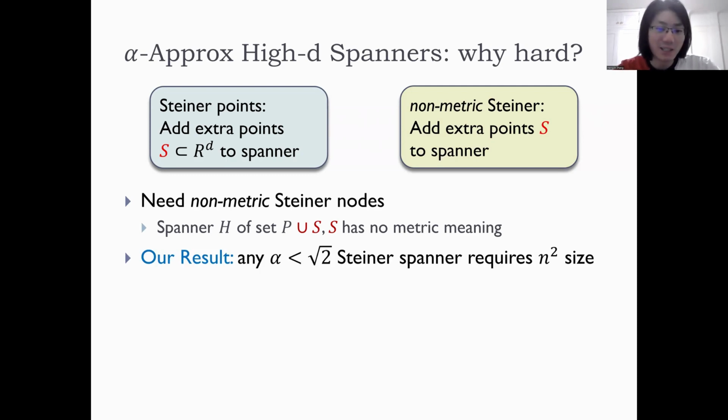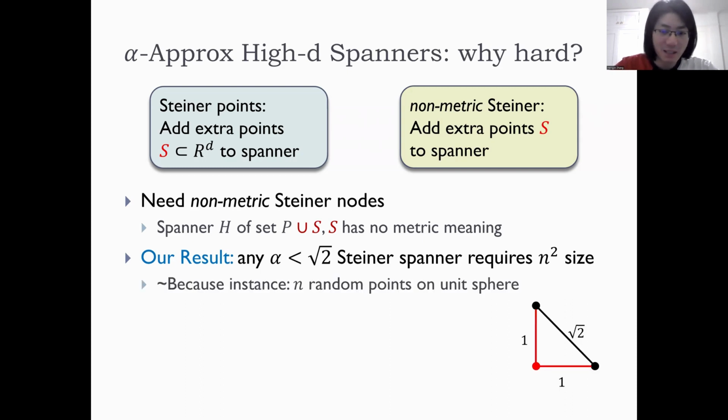Our results show that if we only use real points in R^D space, we cannot even beat the √2 bound. Let's think about this instance. There are n uniformly random points on a unit sphere, and their pairwise distance will concentrate on √2.